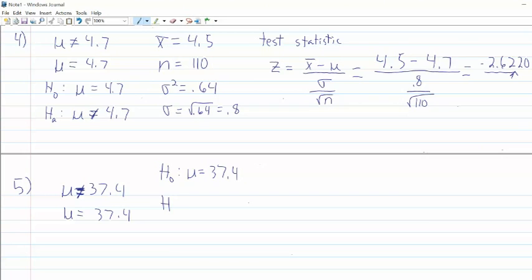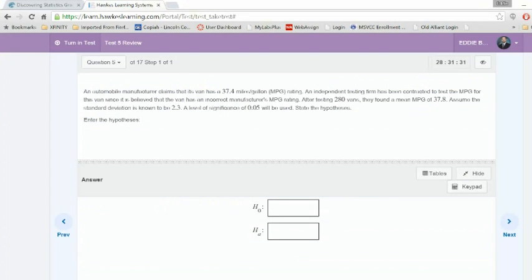And the other one, that's going to be our alternate hypothesis. All right. So that's it. There's nothing else to do. It gave us all those other numbers, but we only wanted the null and alternate hypothesis. Moving right along to problem number 6.